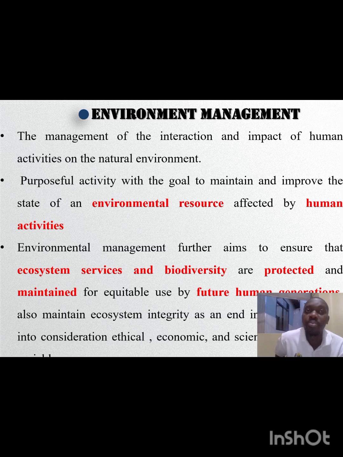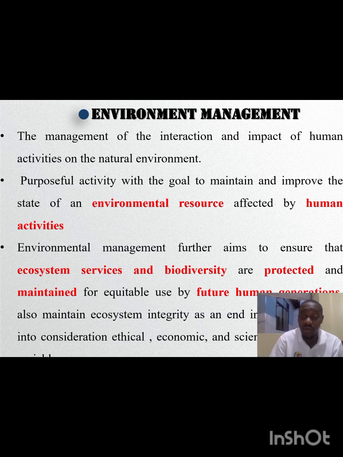Whatever is part of the natural environment is an environmental resource. So we have to protect and improve it if affected by human activities. In doing so, that's when I gave you the steps or the procedure to go about improving the state of an environmental resource.